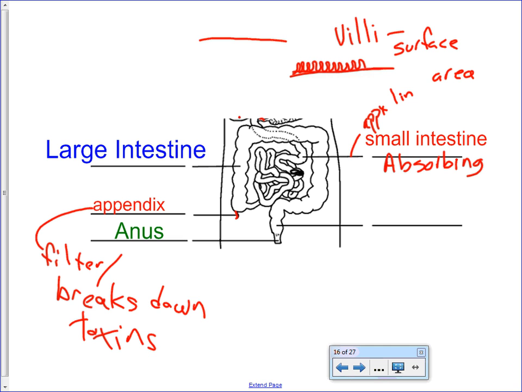And if you get appendicitis, so infection or inflammation of the appendix, it gets swollen and apparently very, very sore. And the really dangerous thing is if it ruptures. Think about what's happening right here. What does the food look like? It looks like brown goop, and as it goes into the large intestine, it's basically transforming from food into poop.